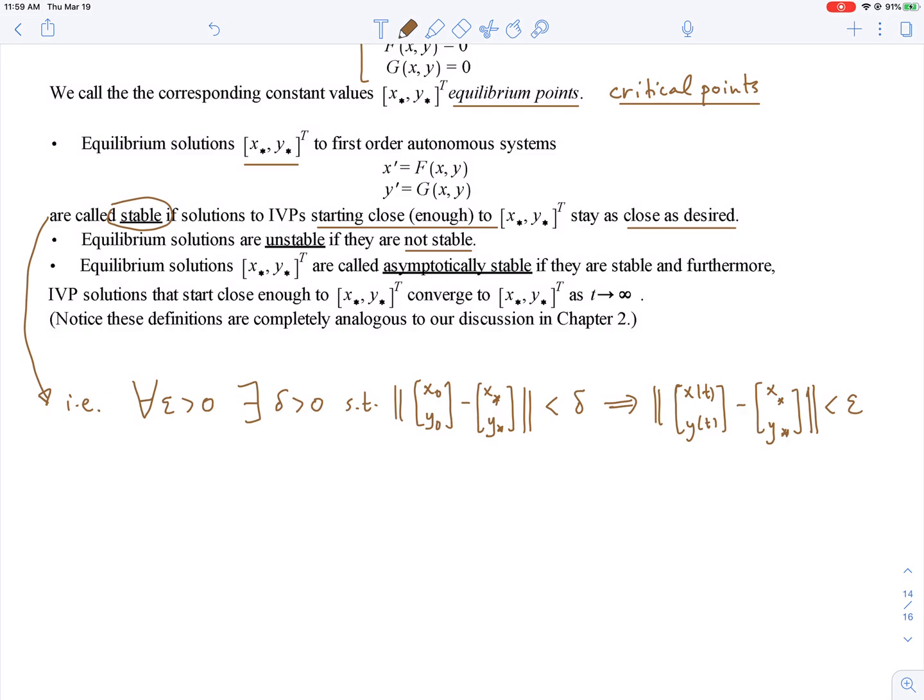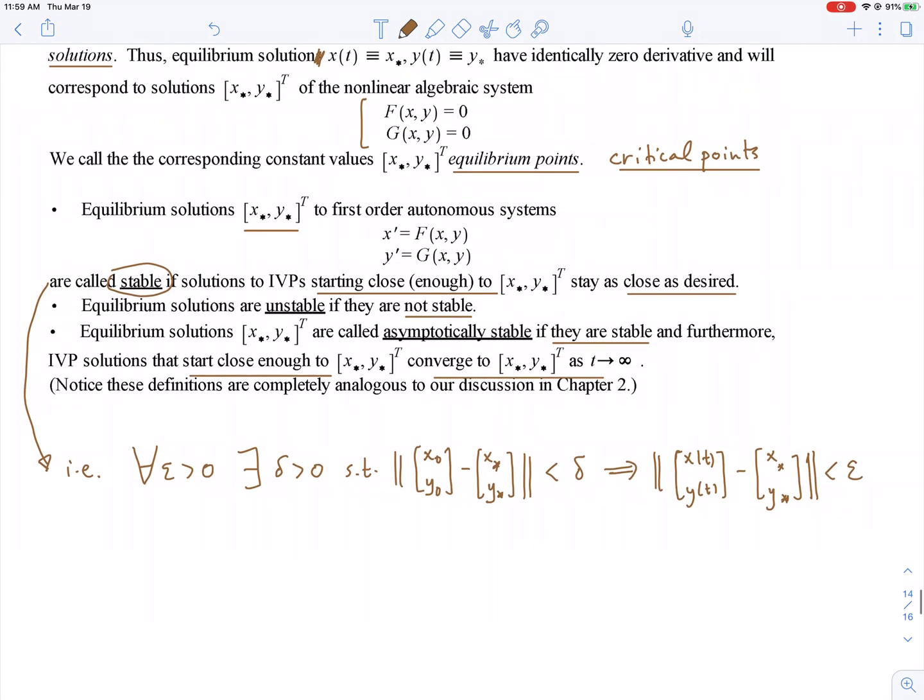And finally, asymptotically stable means that the equilibrium solution is stable, and furthermore, if you start close enough, so that could be within the same delta that you used for stable, or it might have to be closer, then x of t, y of t actually converges to the equilibrium point. So it's completely analogous to chapter 2.